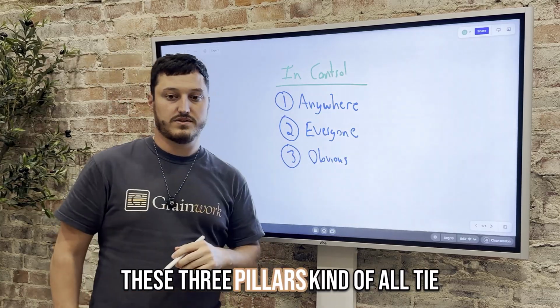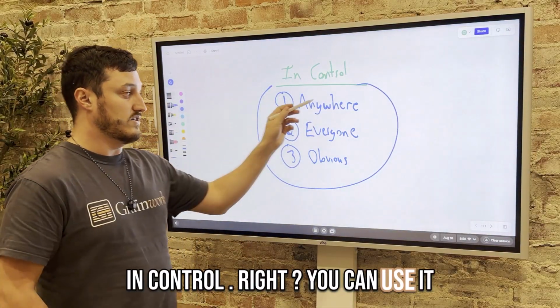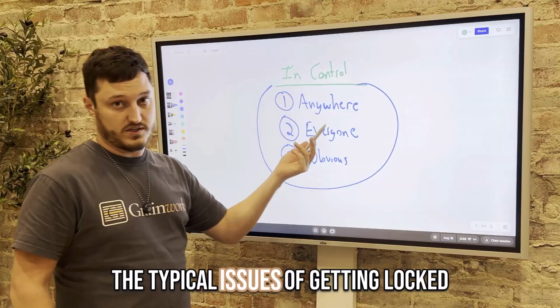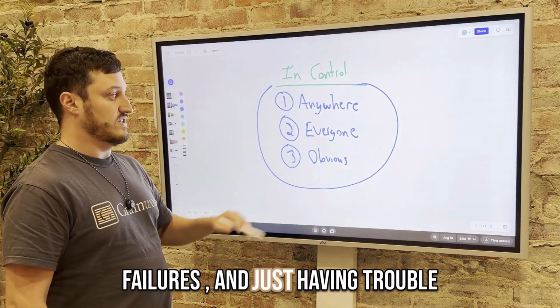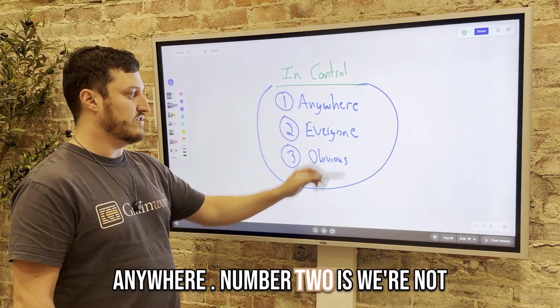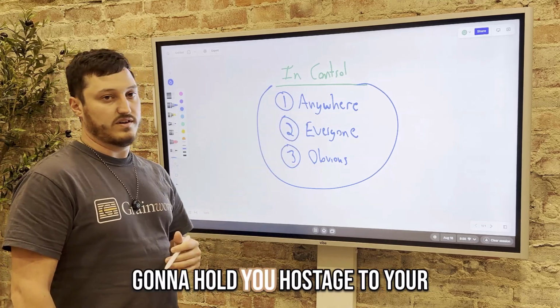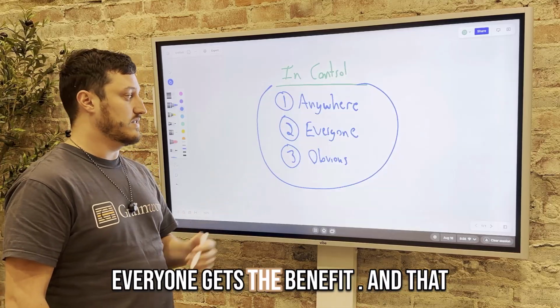So these three pillars all tie back into being in control, right? You can use it anywhere. You don't deal with all the typical issues of getting locked out of your computer, license failures, and trouble sharing jobs. Number two is, we're not going to hold you hostage to your data. You pay for the people designing the job, and then everyone gets the benefit.